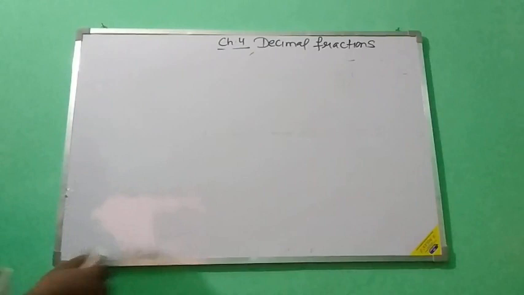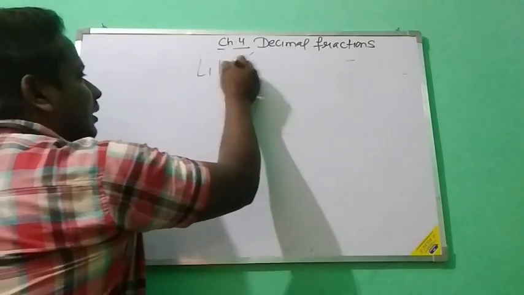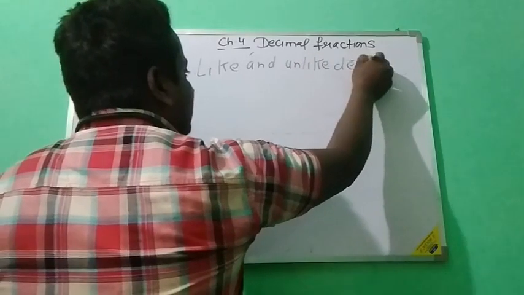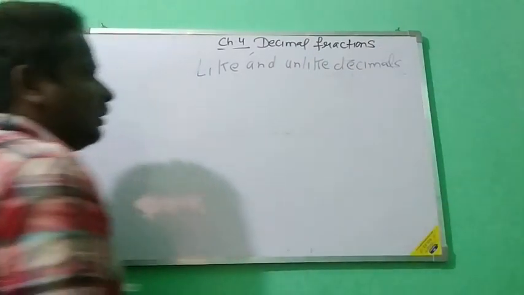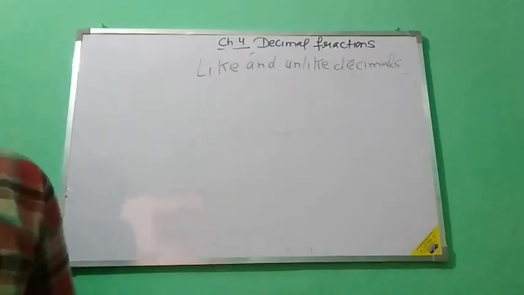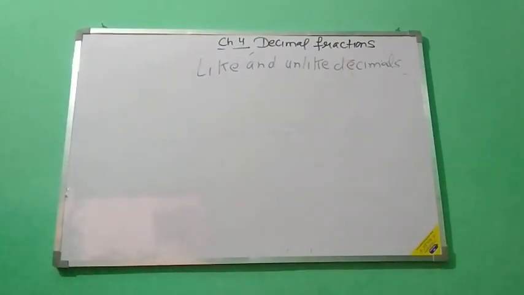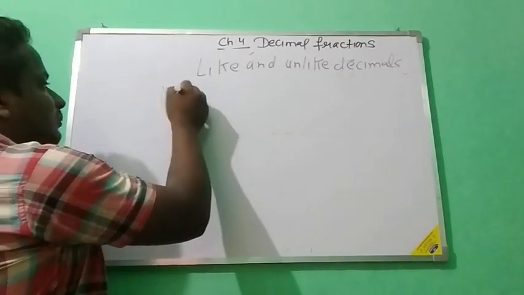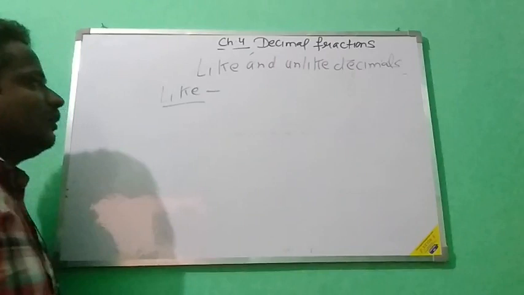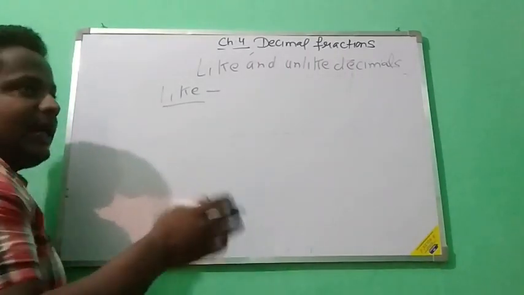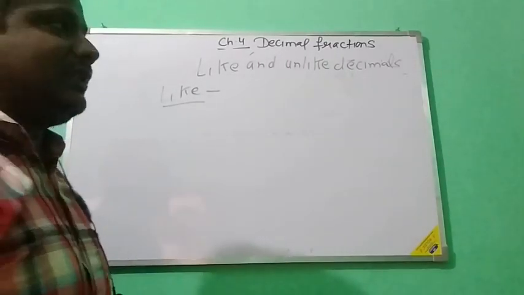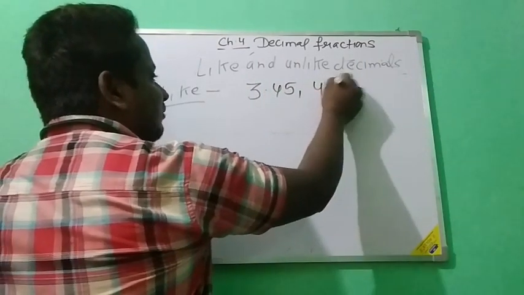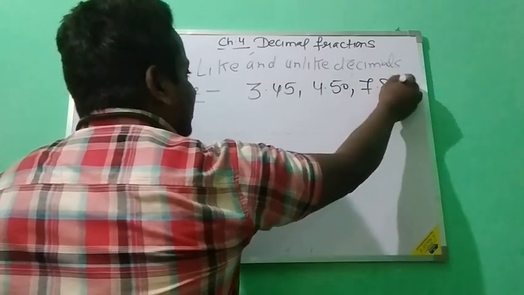Now the next topic is like and unlike decimals. What are like and unlike decimals? So first is like decimals. If numbers have an equal number of decimal places, suppose I have numbers as 3.45, 4.50, 7.89.